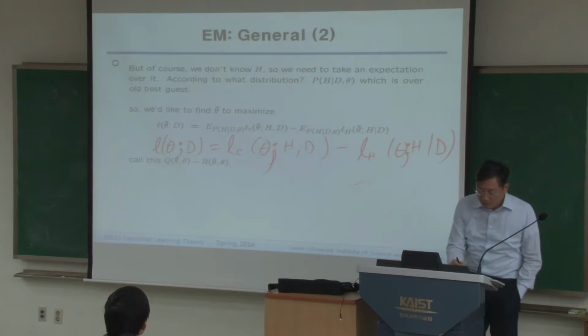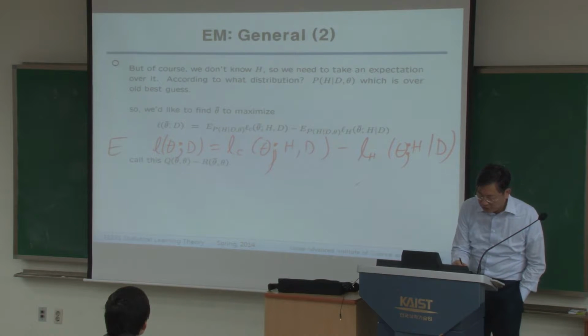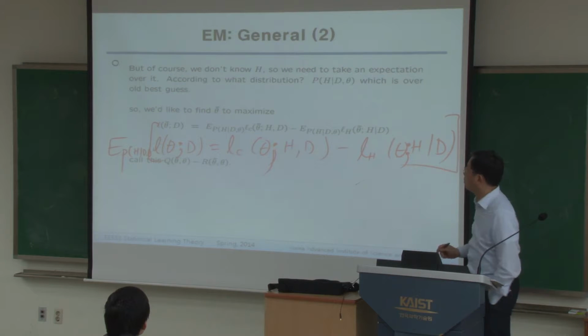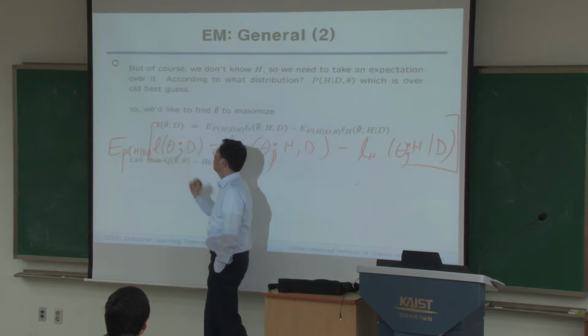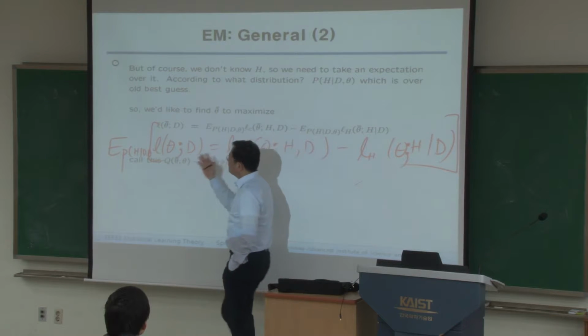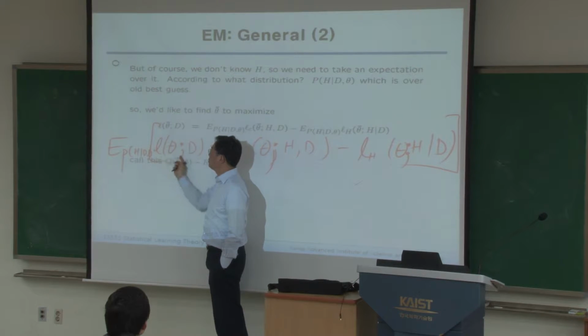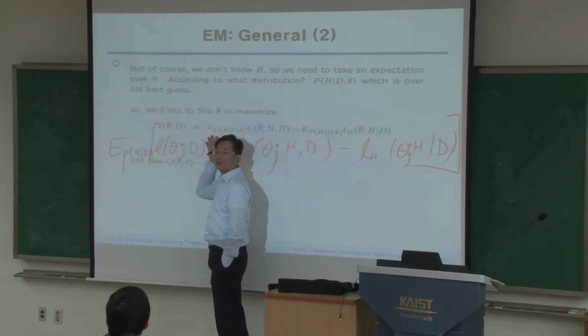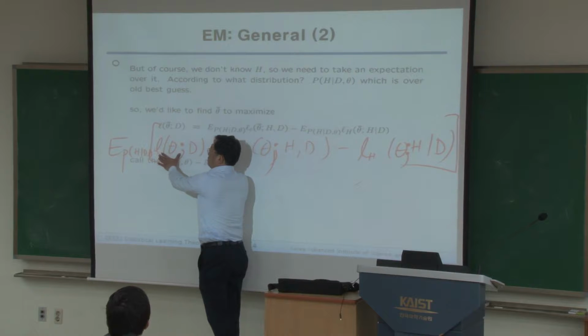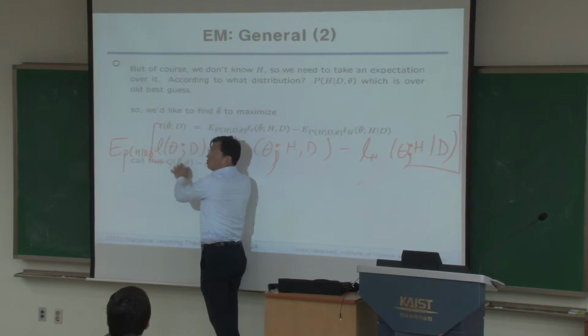Then I put the expectation over the probability of H given D and theta on the whole thing. Now, what's the expectation of this over H?